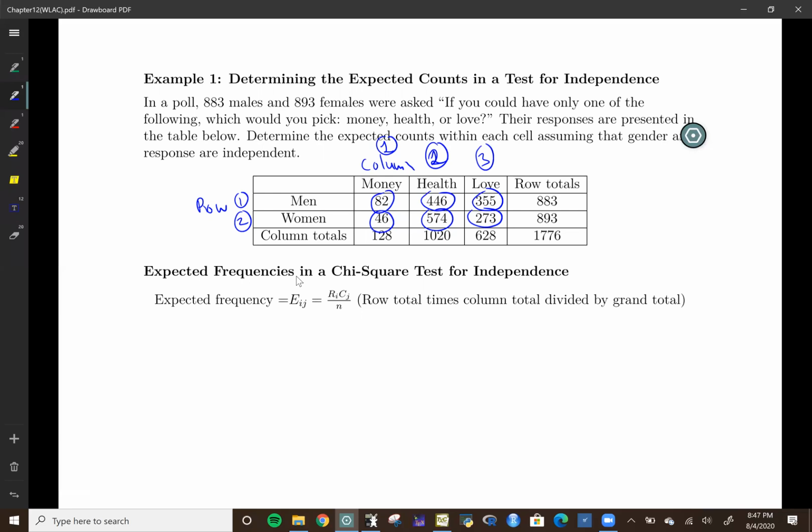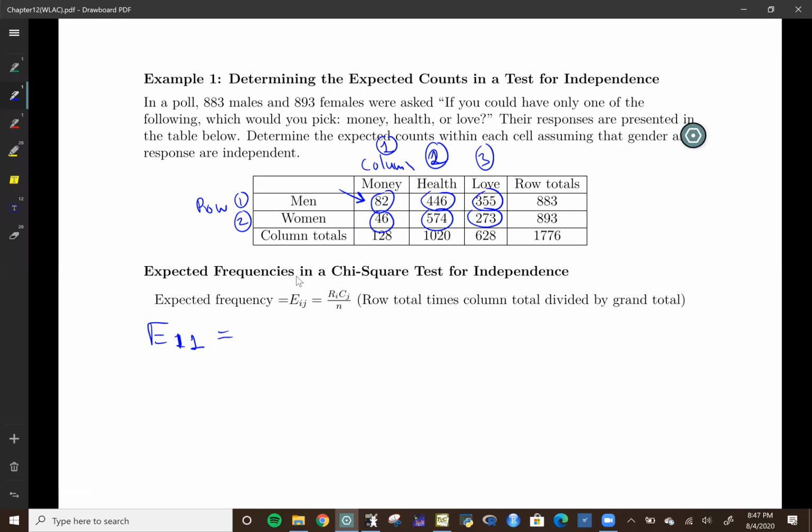So say I want to find the expected value of row 1 and column 1. This is how I will write it. I'll write it E11. So E11 means we find row 1 and then column 1. So I want to find the expected value for a man and for money.